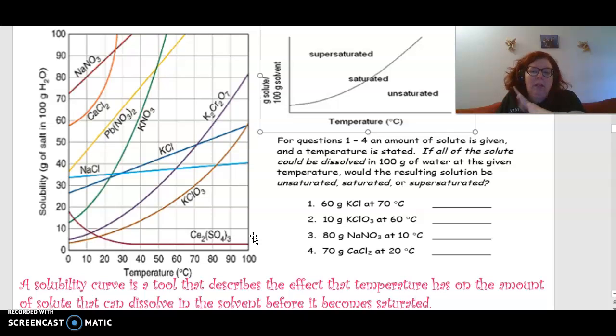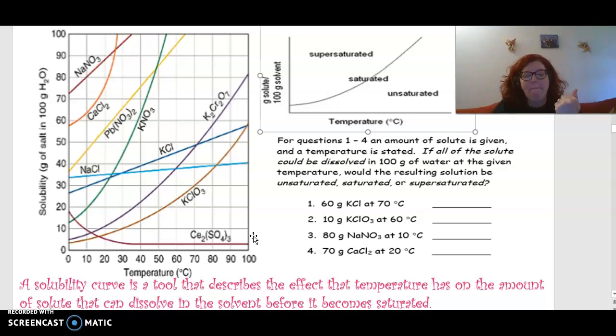In this particular graph, we have different types of solute, salts. They're all salts, by the way. We have temperature on our x-axis and solubility on the y. Y is up and down.